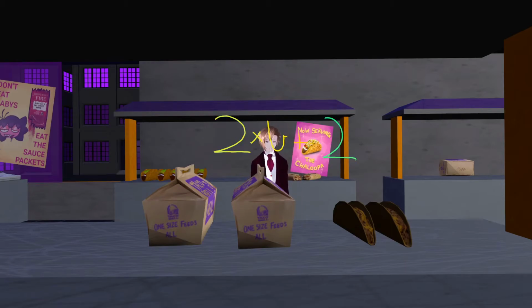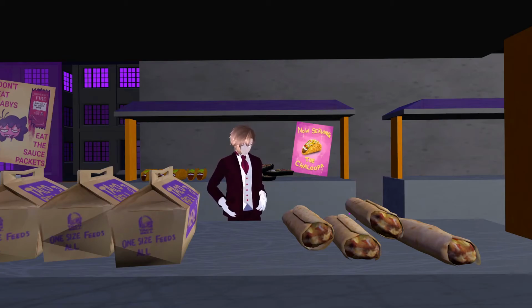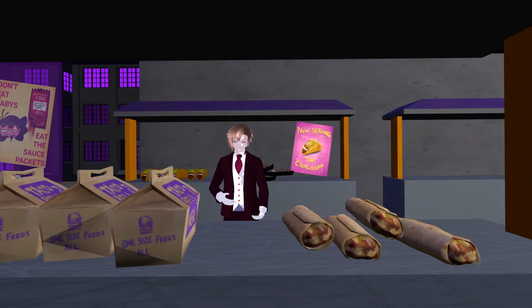Let's do another example. How would we represent this situation? Instead of tacos, this time I have burritos. How would I represent this situation? I have 3 boxes and I have 4 burritos. So how many burritos do we have altogether?